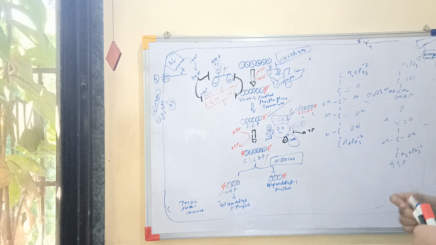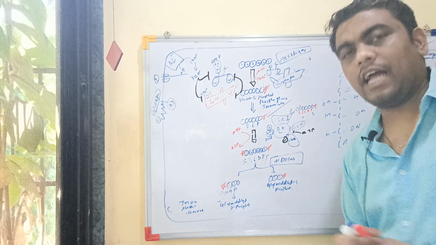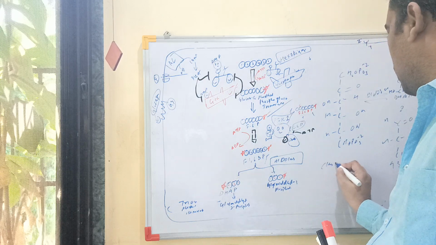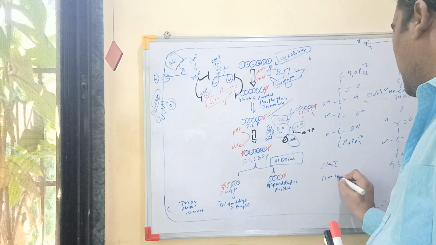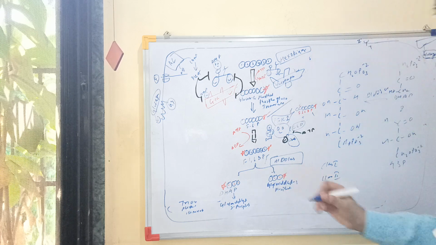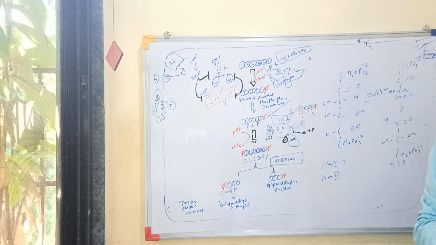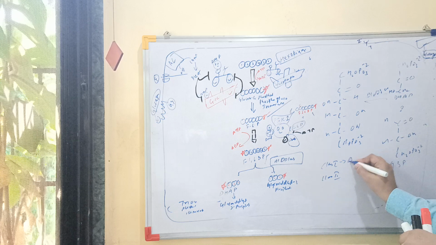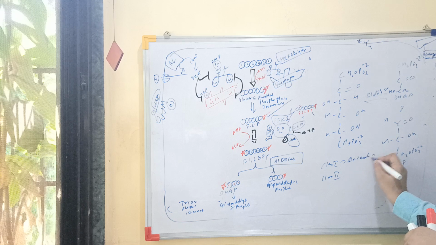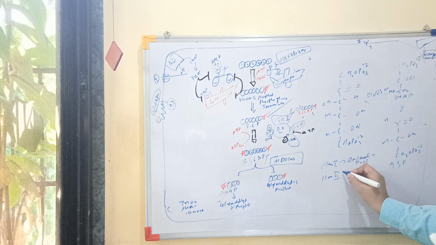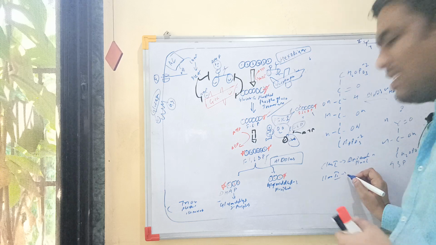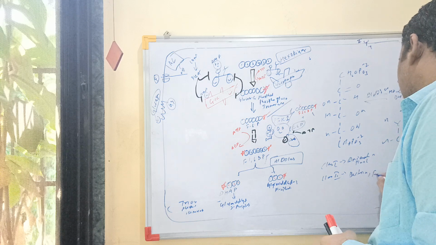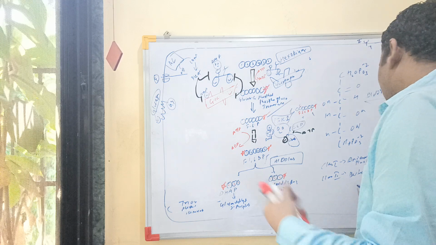This aldolase is very interesting because there are two types of aldolase, class 1 and class 2. Class 1 is seen in animals and plants, and class 2 is seen in bacteria, fungi, or some algae.